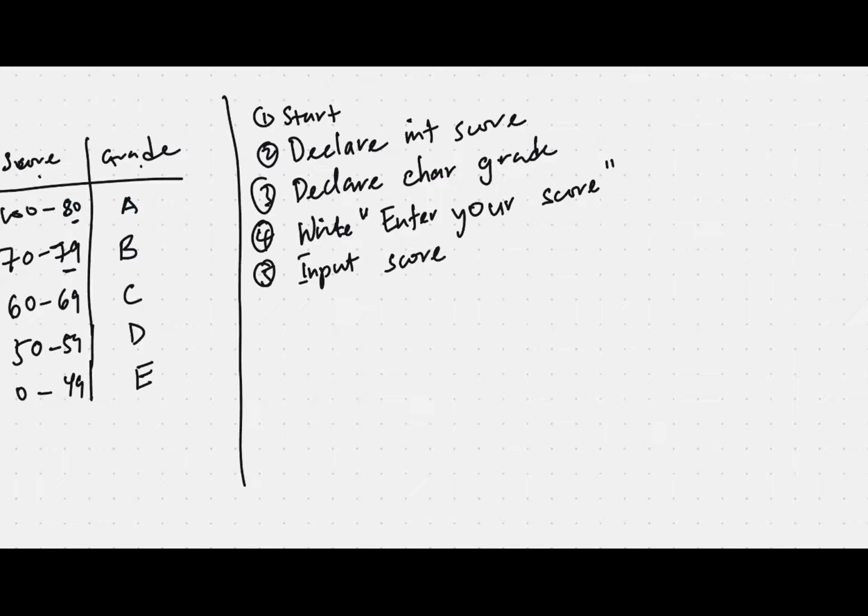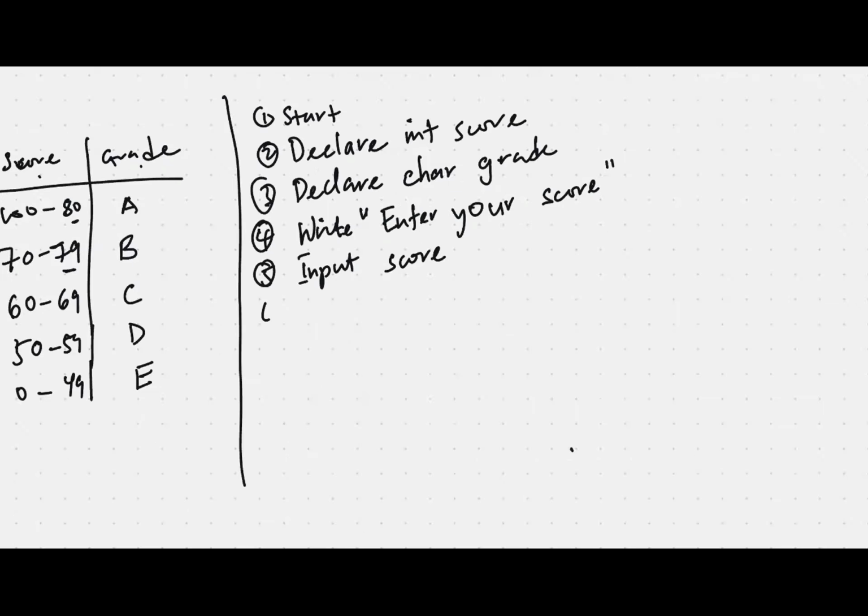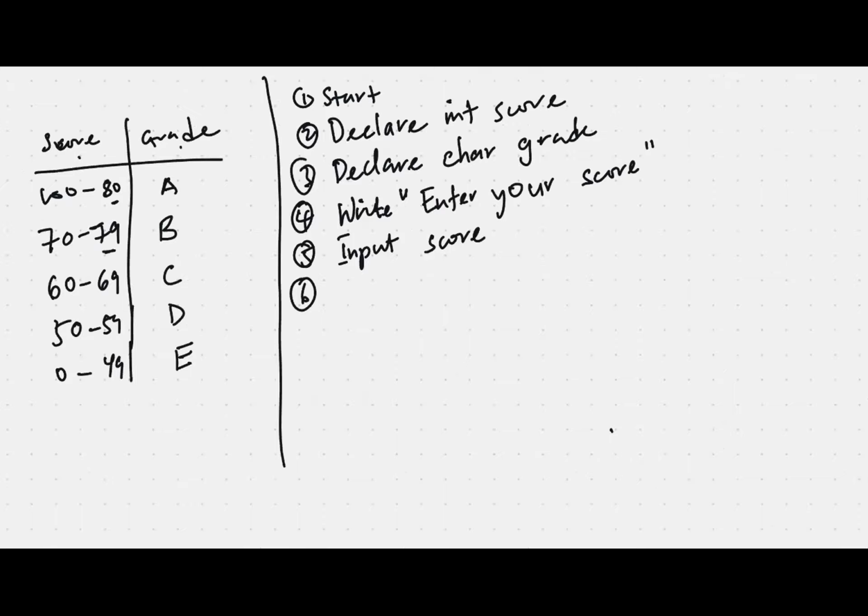Now, how do we check? In order to check, we do the if statement. So I'll keep this one in place so that we can see it. So if the score is greater than or equal to 80, remember 80 is part, okay?